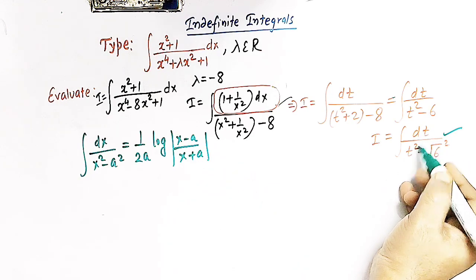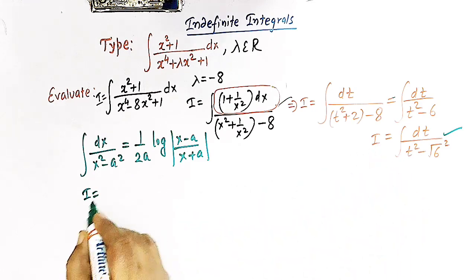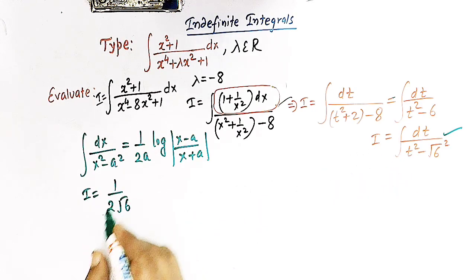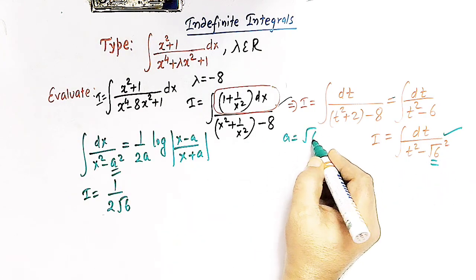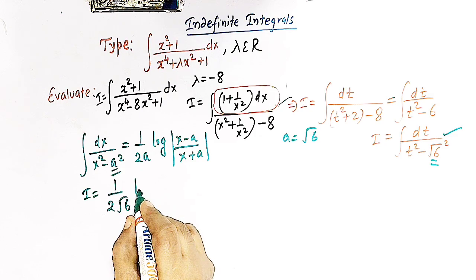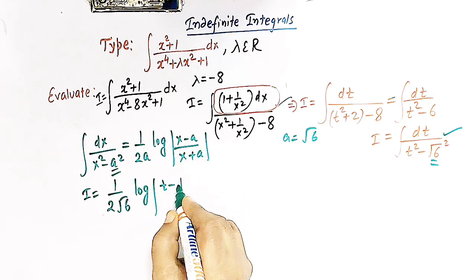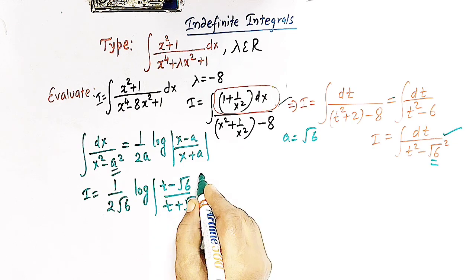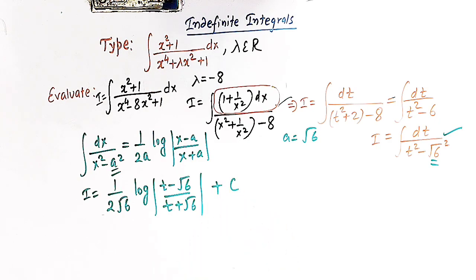And here the variable is t. So now we can write the value of integral I as 1 over 2 times square root of 6, because here the value of a is square root of 6, and here we have the log of t minus square root of 6 over t plus square root of 6, right? And c is the constant of integration.